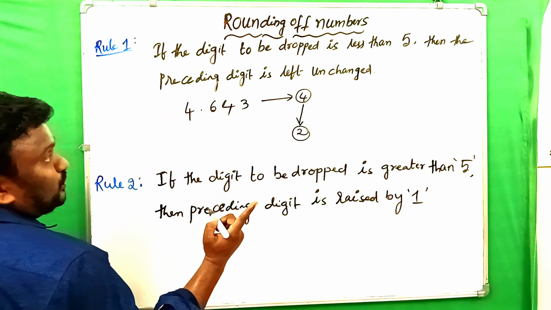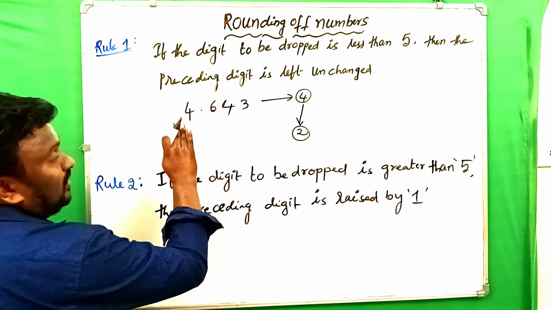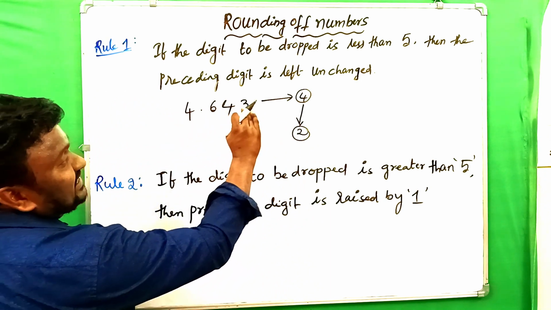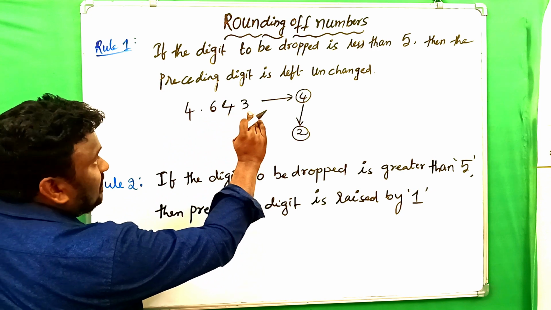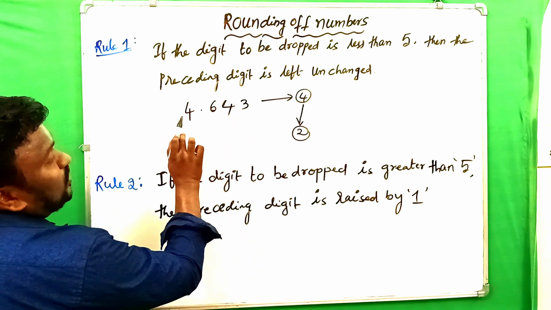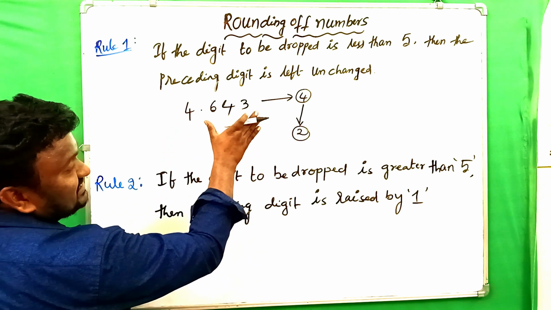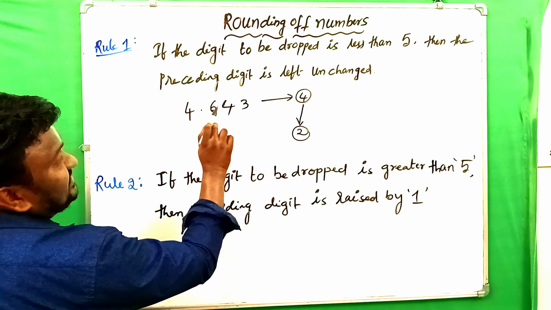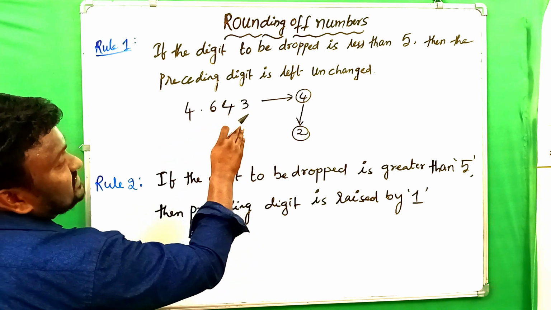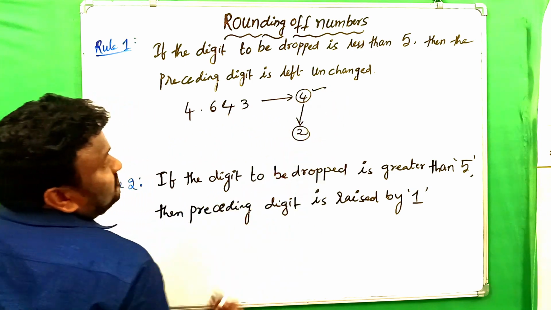As per the rules, in any number all non-zero digits are taken as significant. So in 4.643, these 4 digits are the significant figures.